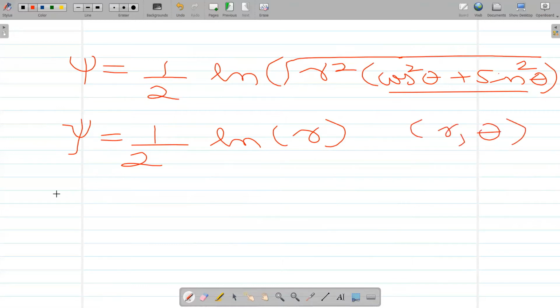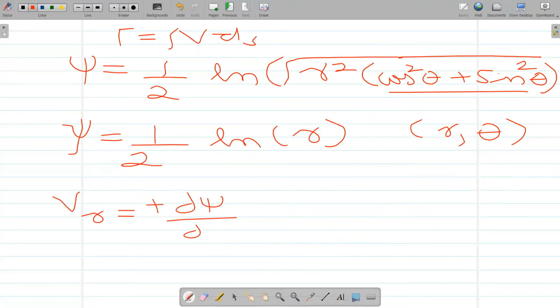Now the next step is to find the velocity, because to find the circulation I need velocity, right? V dot ds integral. So from psi, my velocity Vr is given by positive dou psi by dou theta by r, and my V theta is given by minus dou psi by dou r.